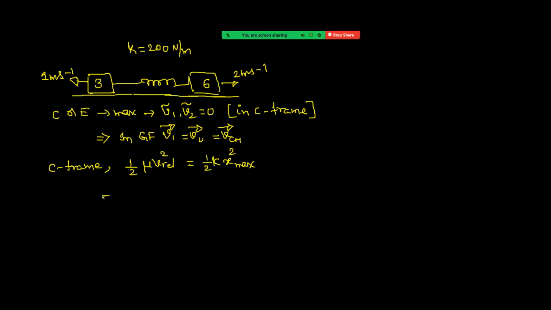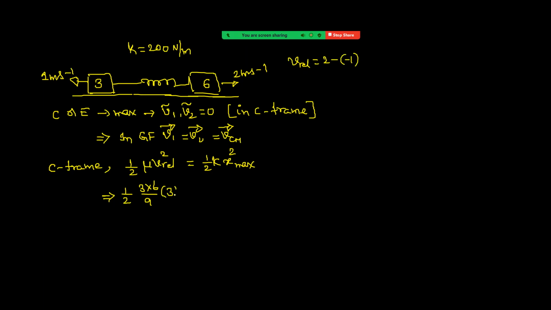Okay. Now simplify this. Half, mu value is m1 m2 by m1 plus m2, 3 into 6 by 3 plus 6, that is 9. V relative square. 2 is right side, 1 is left side. If this is positive, that will be negative. That means V relative will be 2 minus 1, that is 3.